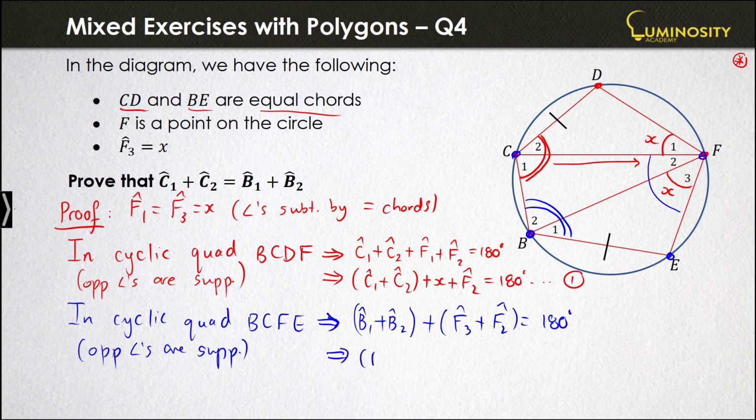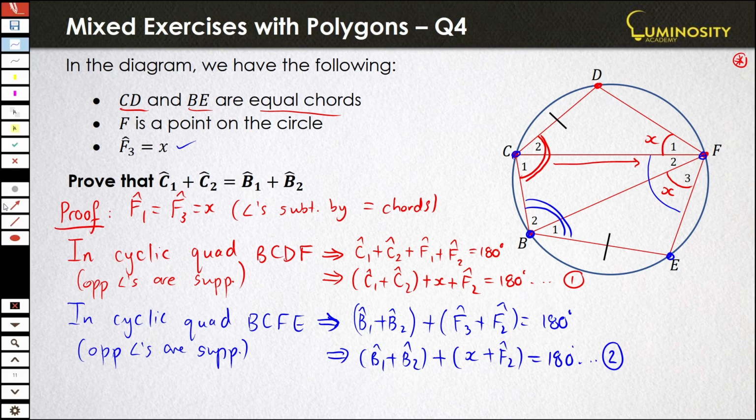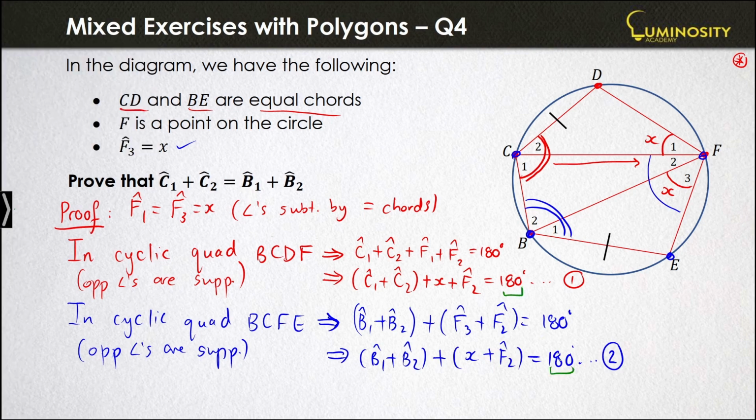Okay, but then this implies that angle B1 plus angle B2 plus angle F3, which we know is X, that was given to us, plus angle F2 equals 180 degrees. I'm going to call that equation 2. Now notice that 180 degrees is on the right hand side for both equations, so therefore equation 1 equals equation 2.